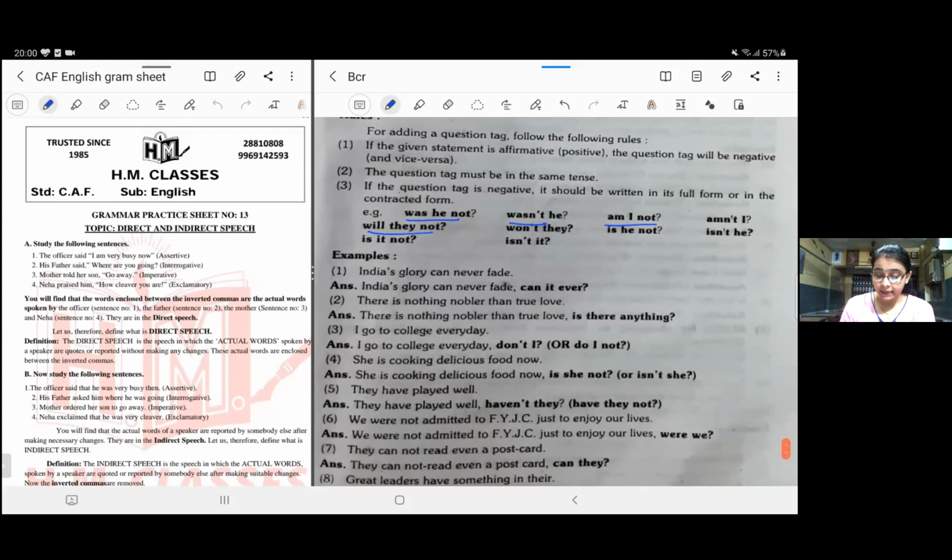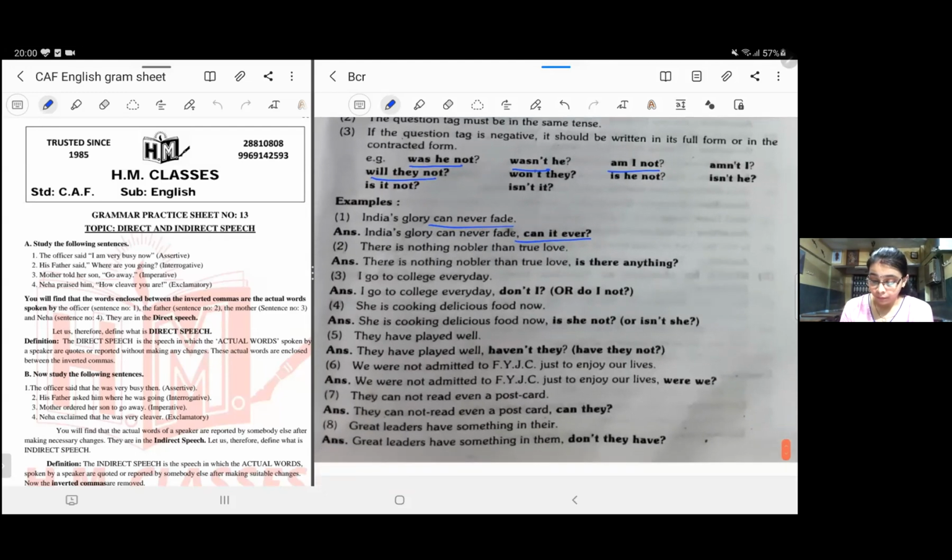If you see the example, India's glory can never fade. What is the answer? India's glory can never fade. Can it ever? Question mark. Right? I go to college every day.